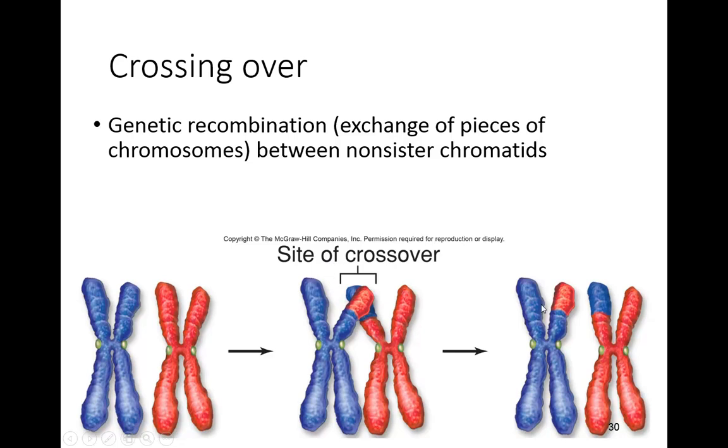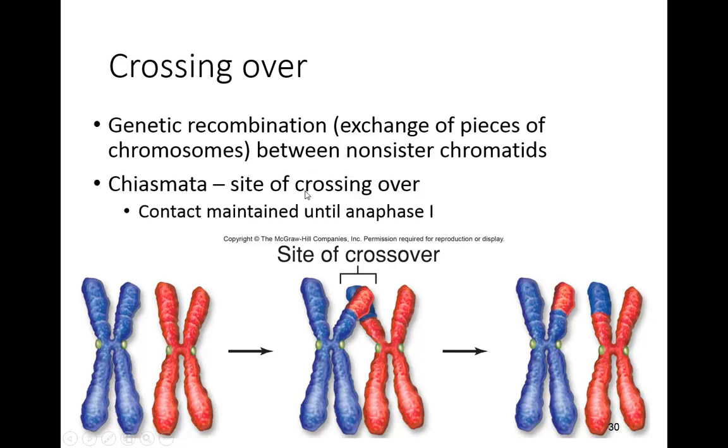So now one of these chromosomes from the mother has a bit of piece from the father, and same for the one for the father, which has bits of pieces from the mother. The place where it's crossed over is called a chiasmata, and chiasmata means X. And that contact between those different parts of the DNA is maintained until you get to anaphase.